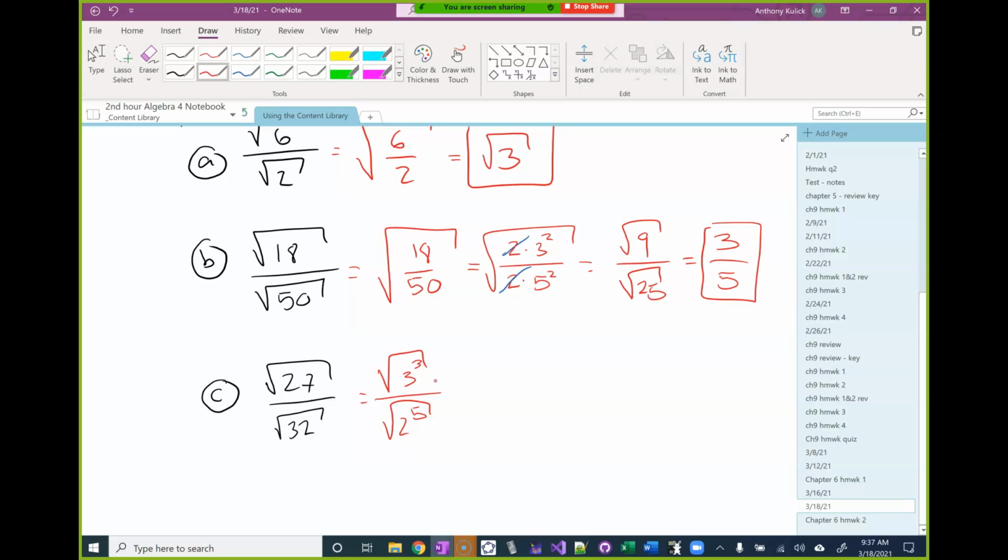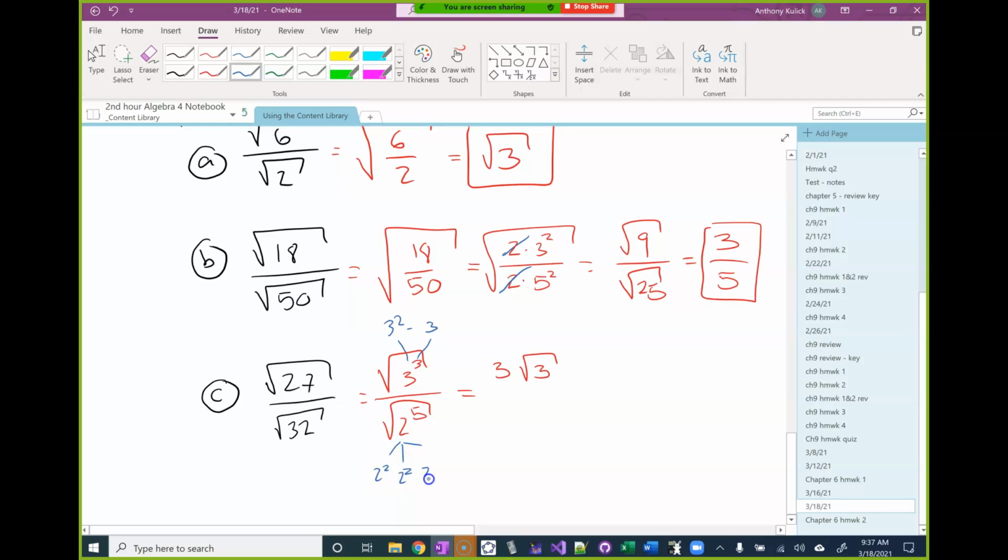So as Pedro's pointed out here, 3 cubed is the same thing as 9 times 3, because this is basically 3 squared times 3. The 3 squared comes out, and the regular 3 is left on the inside. Similarly here, 2 squared and 2.